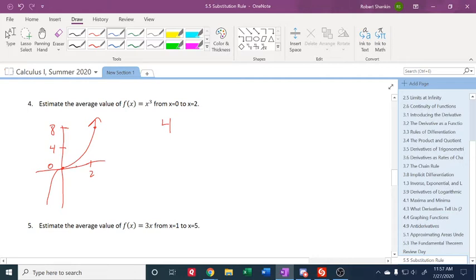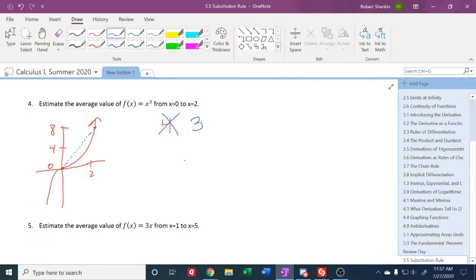And you could take 3, you could take even more values, but what I'm doing would be valid if this function had gone along this dotted line. But it didn't, and it hung down low. So my average height should be lower than 4. So let's cross out 4, maybe 3-ish. Does that seem reasonable to everybody? Anybody disagree with that now?